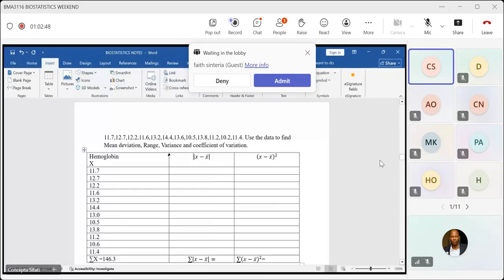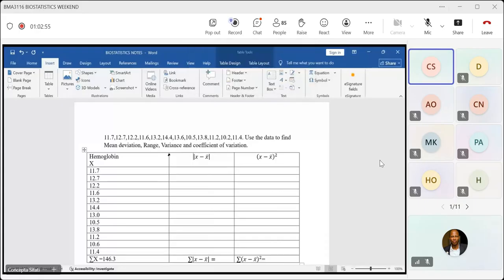I hope my table has all the values. 1, 2, 3, 4, 5, 6, 7, 8, 9, 10, 12. Okay.